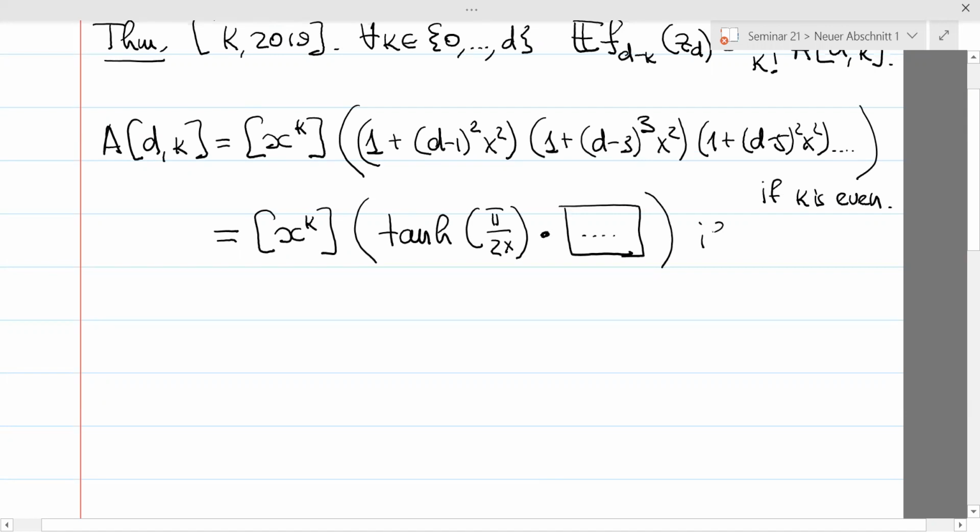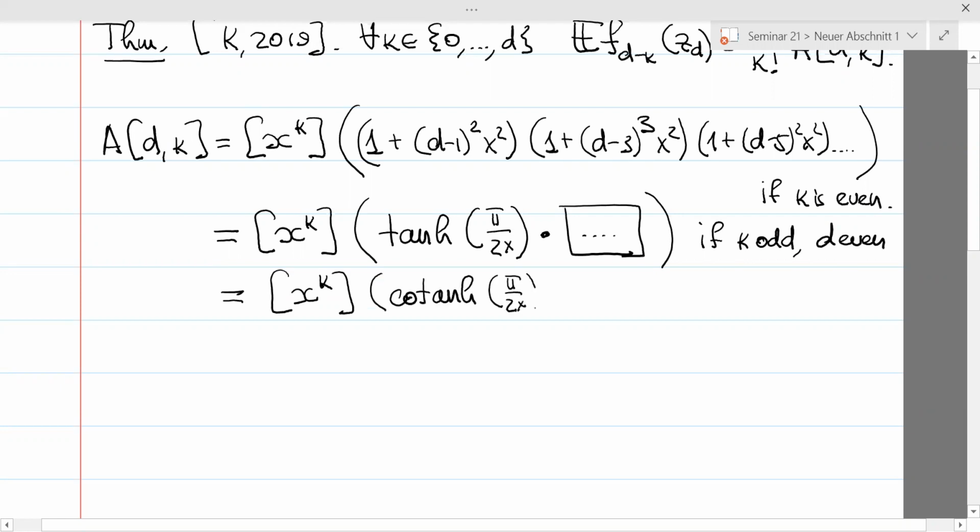This holds if k is odd and d is even, d is the dimension. And finally, it is the coefficient of x to the power k in the function cotangent of pi over 2 times x times the same polynomial if k is odd and d is also odd.